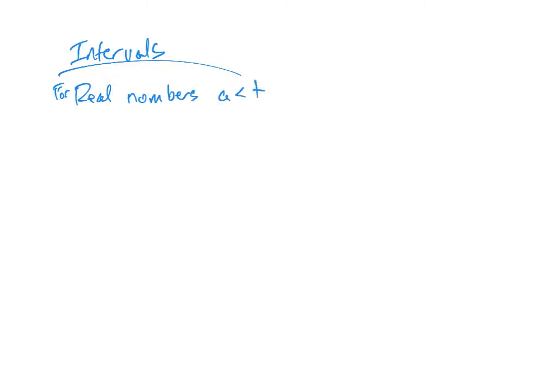Okay, so intervals. I believe this is almost all review. If it's not review, it's really simple. We've got real numbers. For real numbers a less than b, we define the following sets.